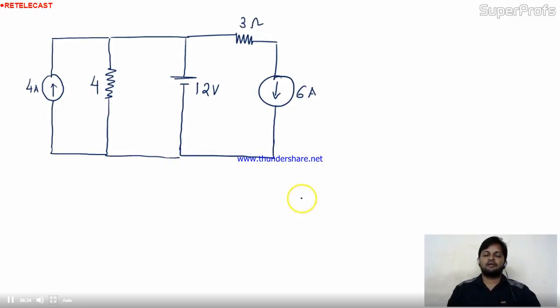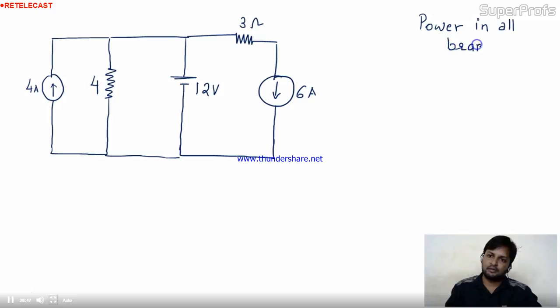The question is to find the power in the various branches. If we observe this circuit carefully, there is no need to go for the whole node analysis. We can directly find the currents in the various branches.